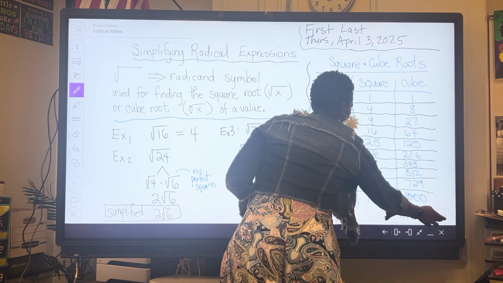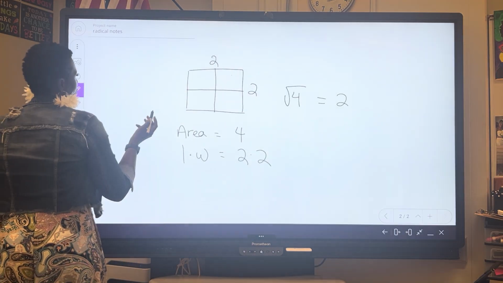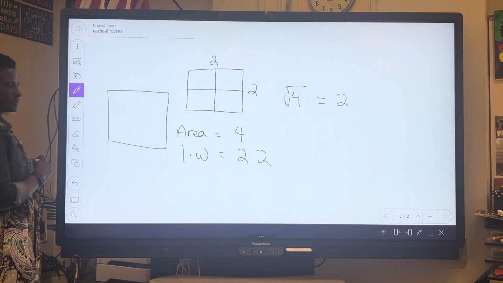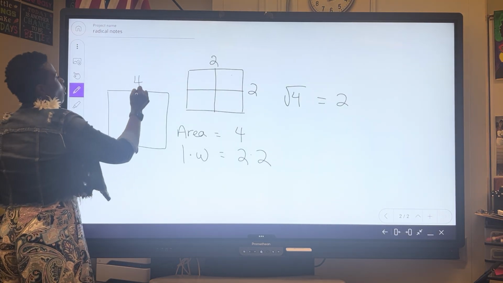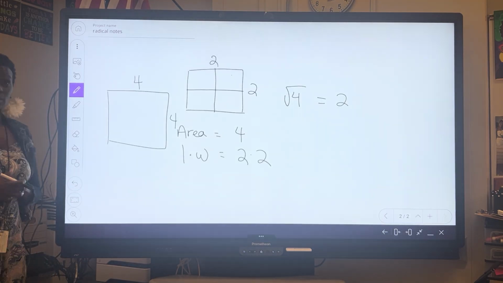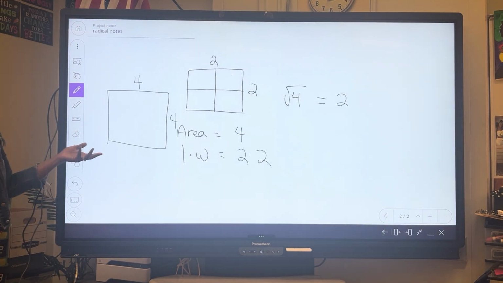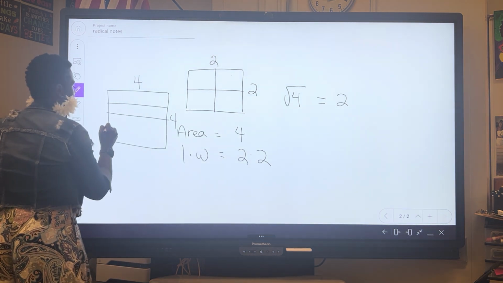Let me give you another example of that, because I see some faces. So what if I gave you, let's say, another square, right? And inside the square, let's say I gave you, this is a 4 by 4, right? Well, what would be the area inside? How many squares would I end up with inside? 16. So if I do this, just watch.